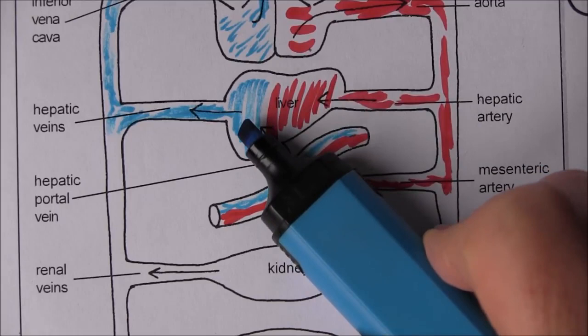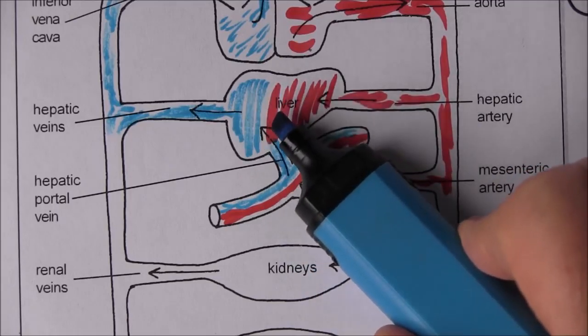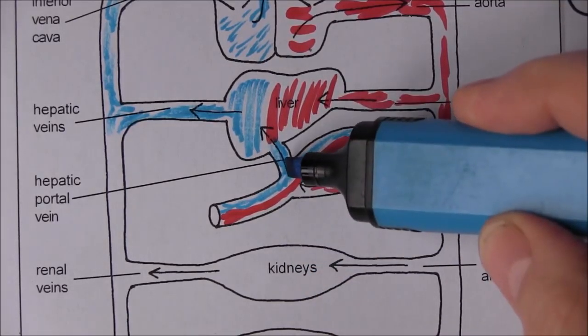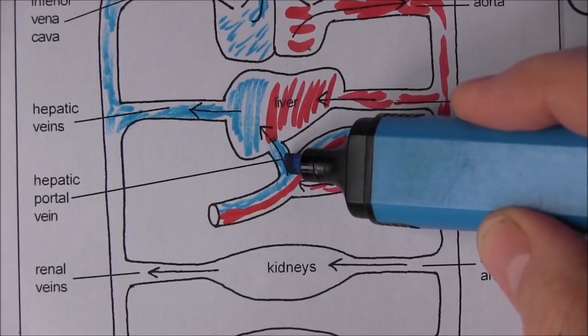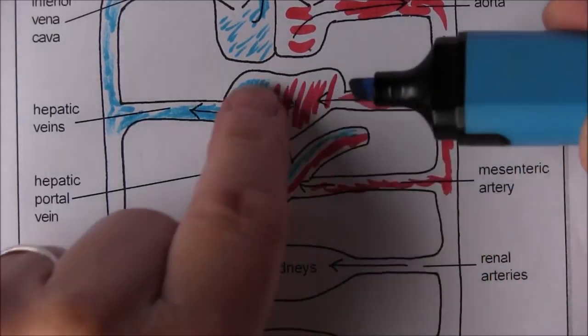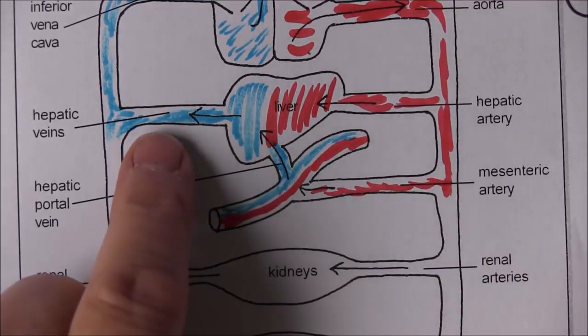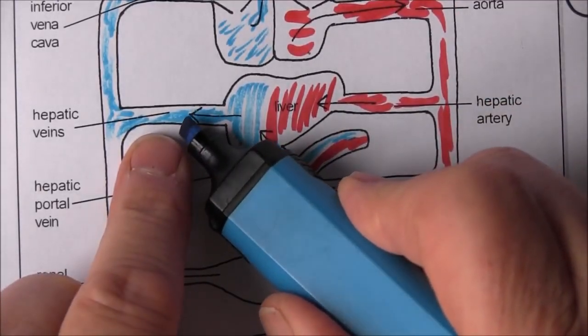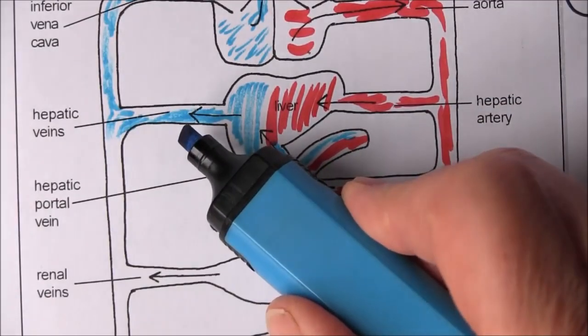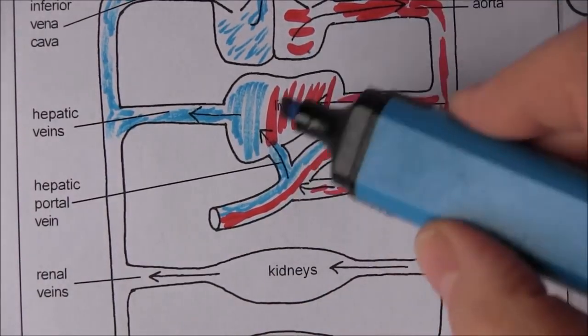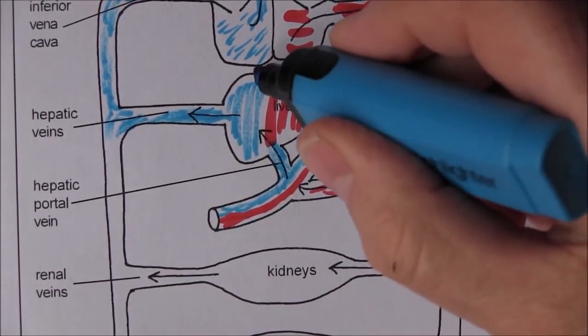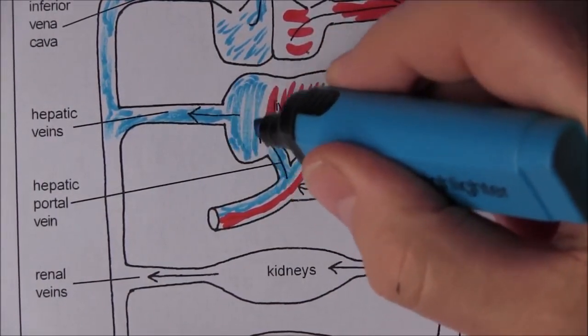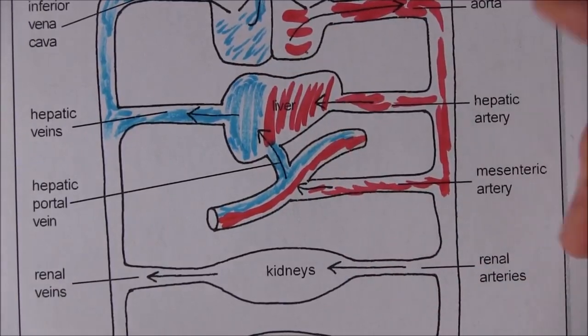It breaks down the waste products from the bacteria. So the blood here in the hepatic portal vein is going to contain waste products from bacteria. That's going to be cleaned out by the liver, and the clean blood is going to go from the liver in the hepatic veins back into the inferior vena cava. So it's going to clean it all out. If that wasn't the case, you'd be feeling sick right now. And hopefully you're not, because your liver is doing its job.